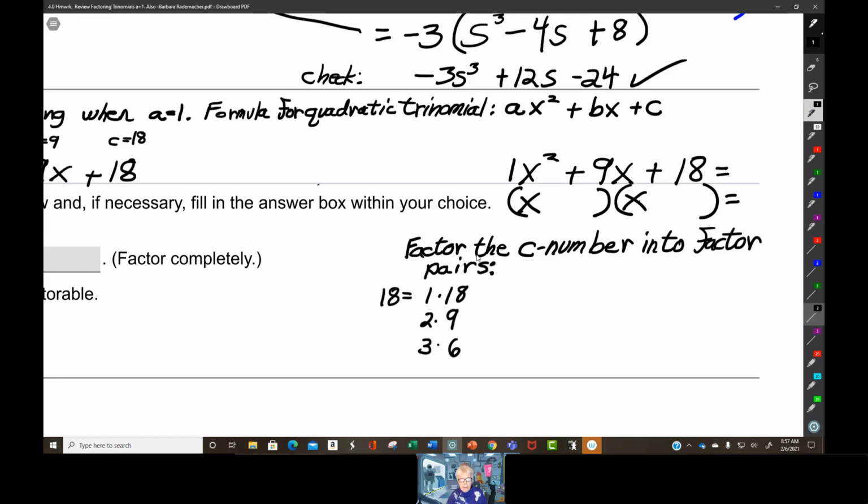Now, to show you the complete picture, since 18 is a positive number, there are more factor pairs. -1 times -18, -2 times -9, and -3 times -6. These are all the factor pairs of 18. We don't use fractions.